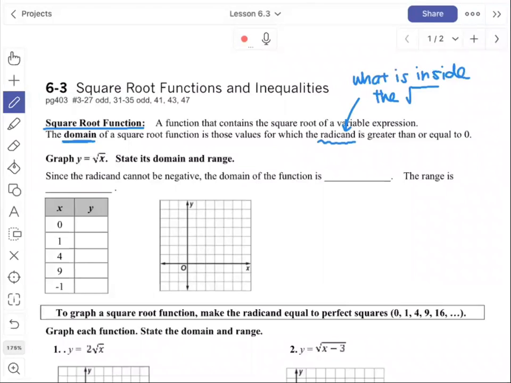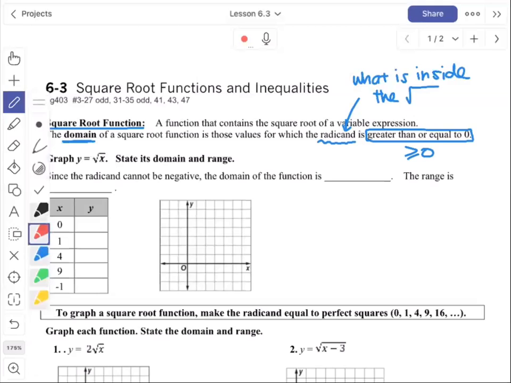To find the domain, whatever is inside the square root has to be greater than or equal to 0, or else it turns imaginary. Now let's look at what's known as the parent function.